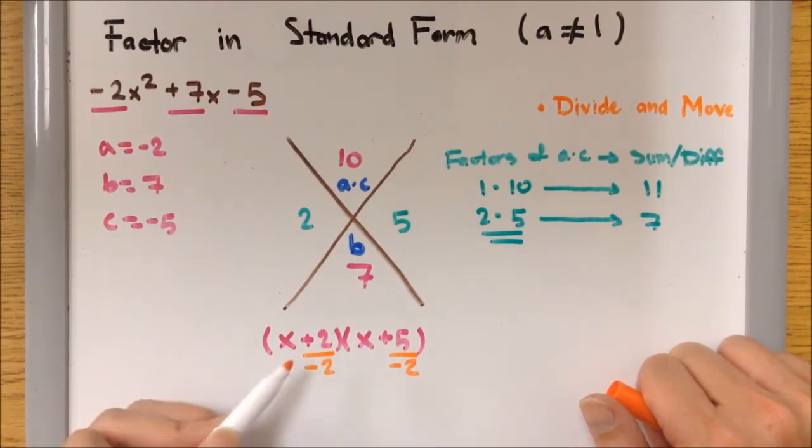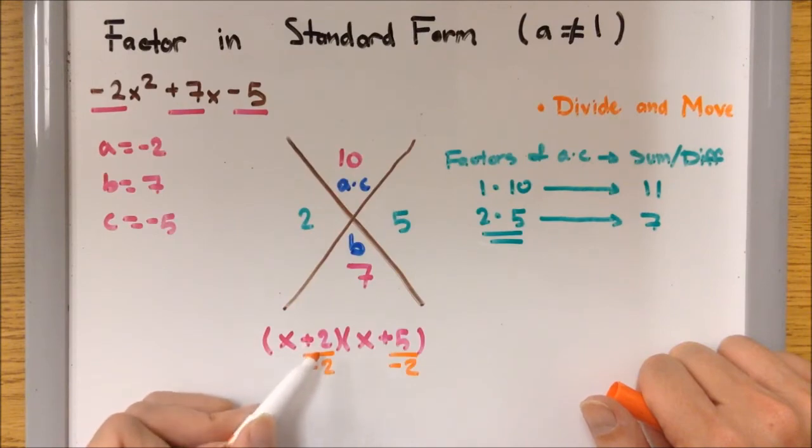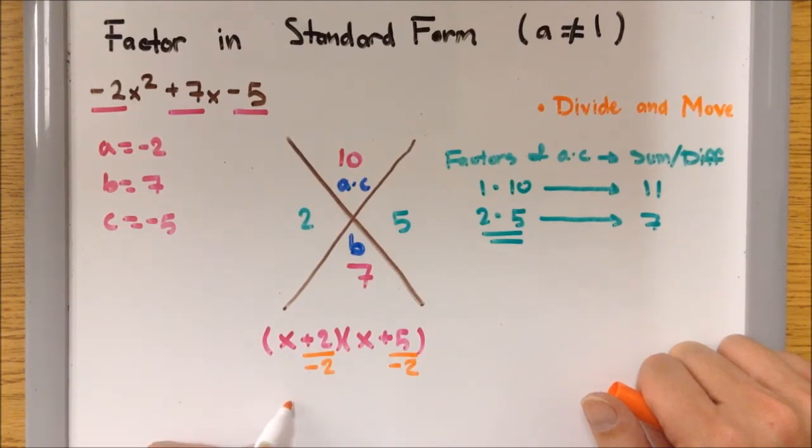Now, the only one that we can divide into a whole number is this one right here. So positive 2 divided by negative 2 will become x minus 1.